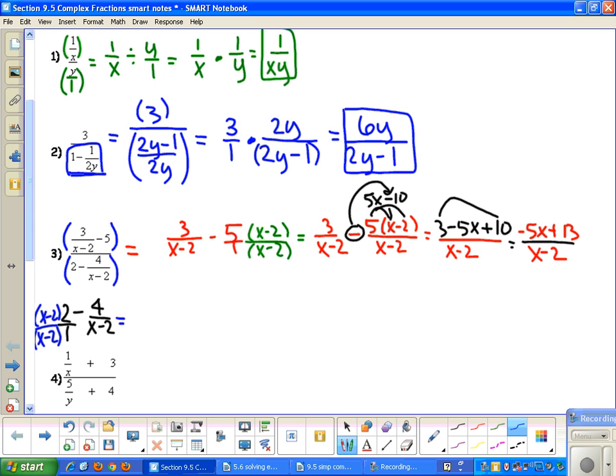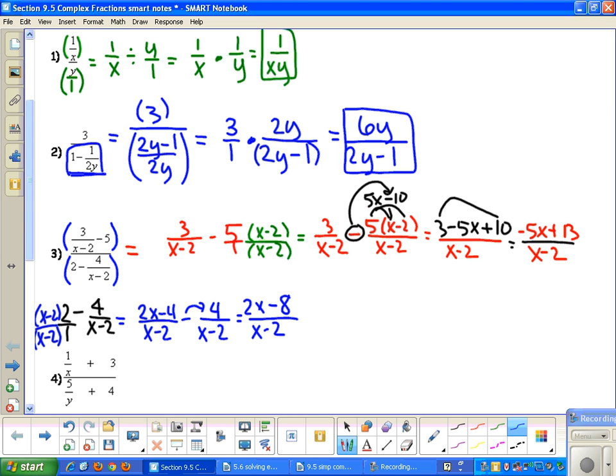When I do that, I get 2x minus 4 over x minus 2 minus 4 over x minus 2. Now I have my common denominator, so that's going to be x minus 2 down here. And then in my numerator, we have 2x and then negative 4, and this is minus 4. So negative 4 minus 4 would be minus 8. All of that is going to be in my numerator.